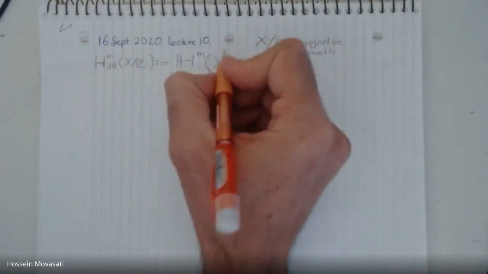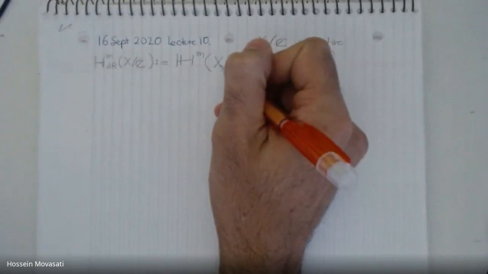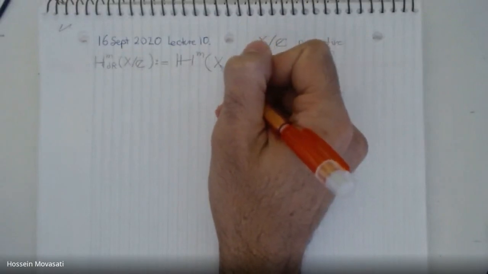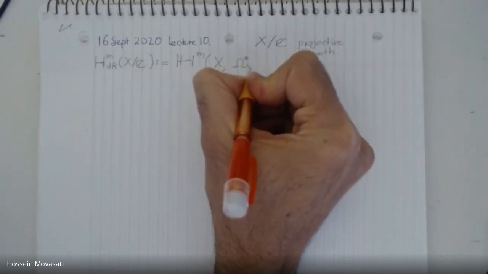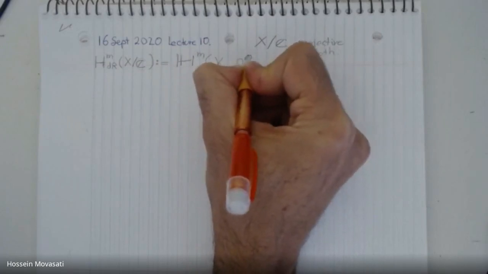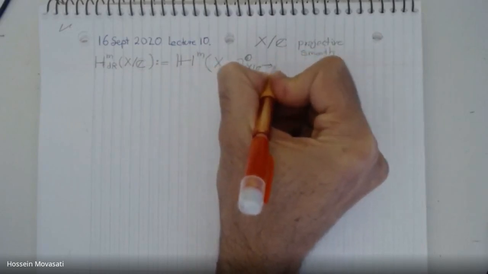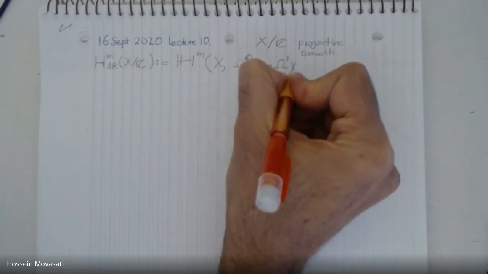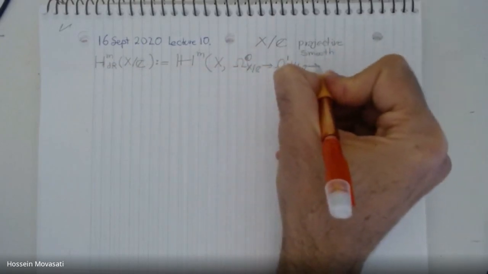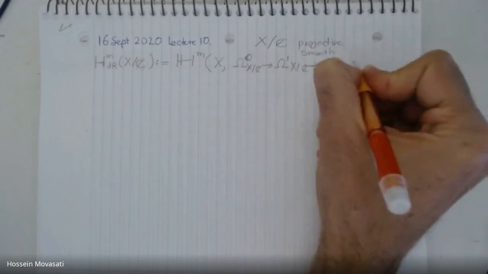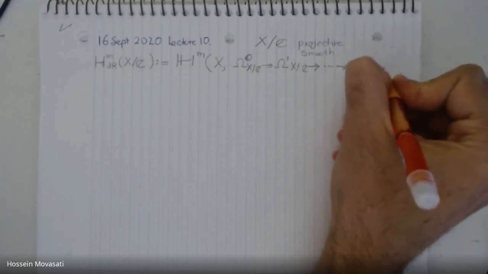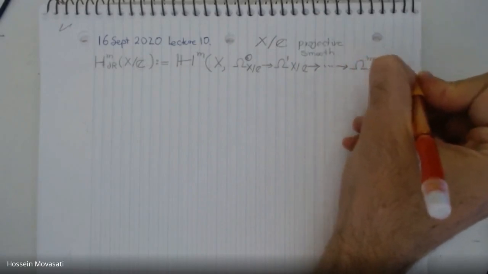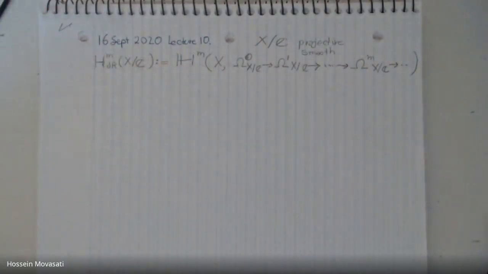The variety X is equipped with the Zariski topology, and then there was this complex of differential forms, Omega^m_{X/C}, and so on.